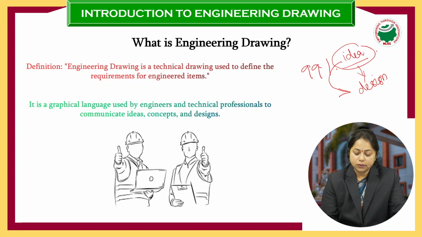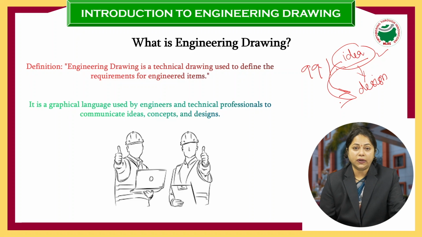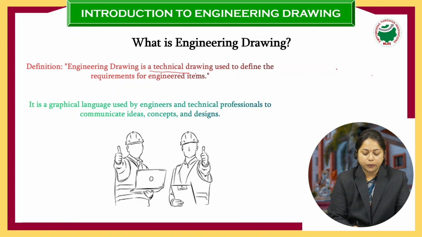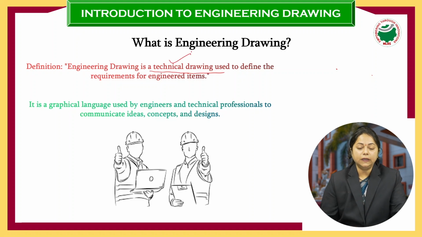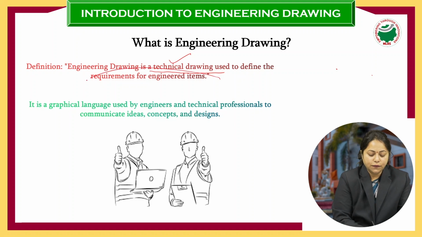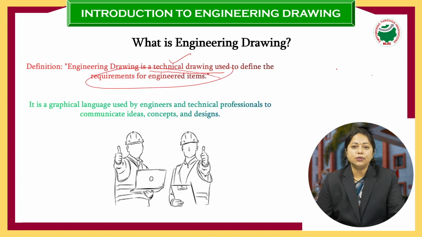There is an idea generated somewhere, and this idea is transformed into a design. This design, in brief, can be called an engineering drawing. Let us go through the definition here. Engineering drawing is a technical drawing. When I say technical, it is related to engineering items, and it gives you the entire requirements of the item to be produced.